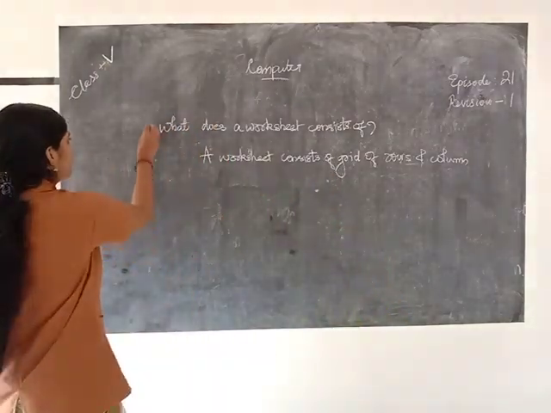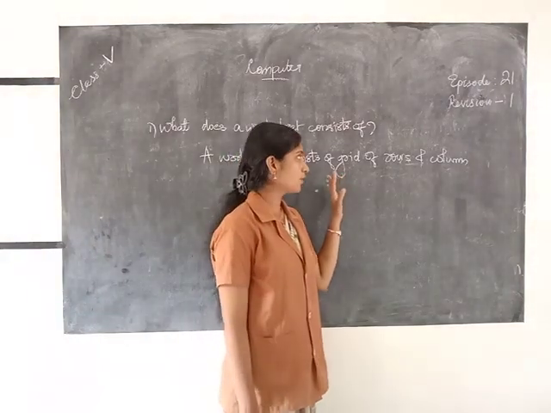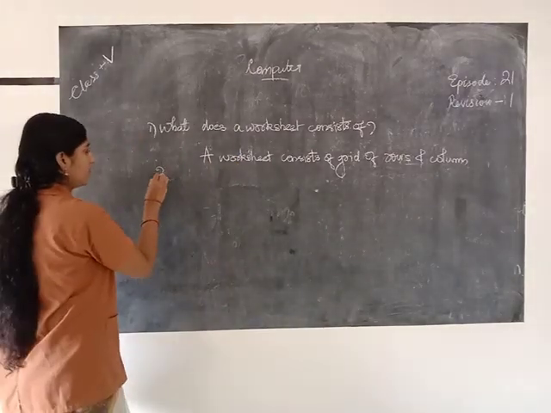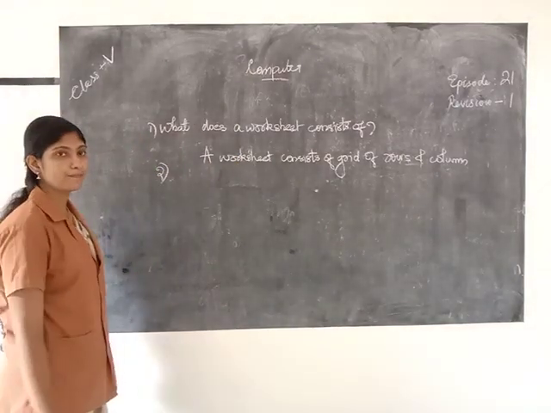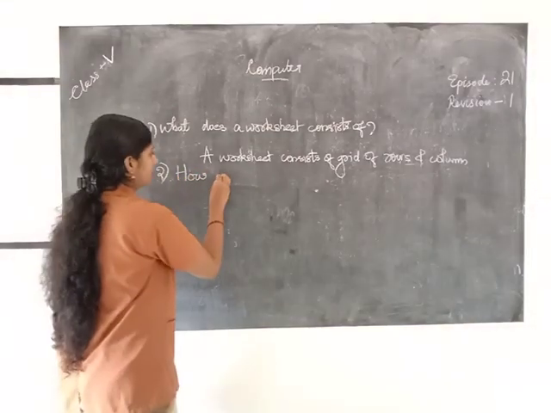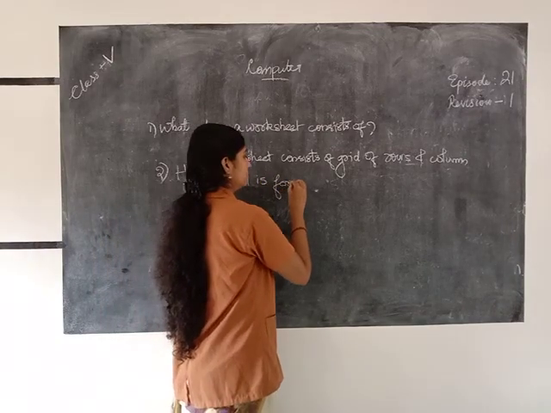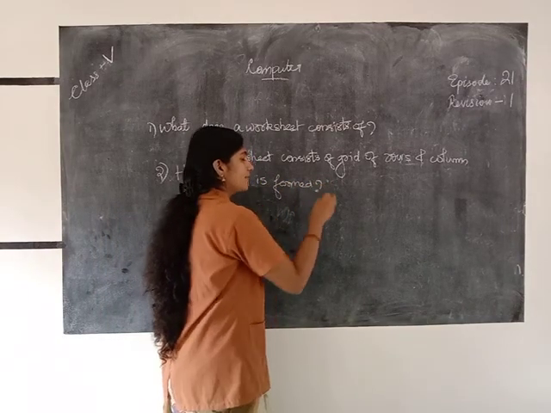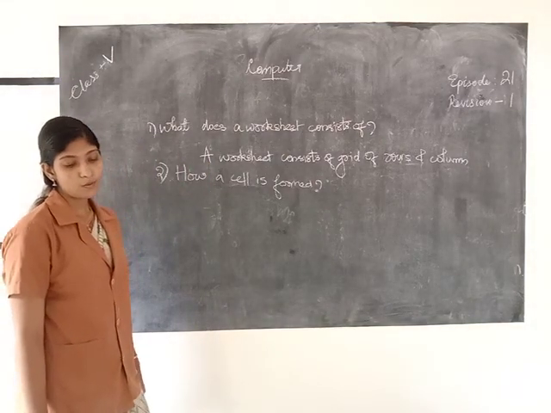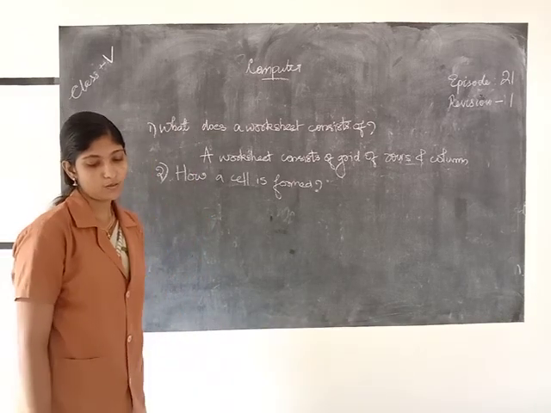So next one, what does a worksheet consist of? A worksheet consists of a grid of rows and columns. Then second one, how a cell is formed? A cell address is the combination of row address and column address.